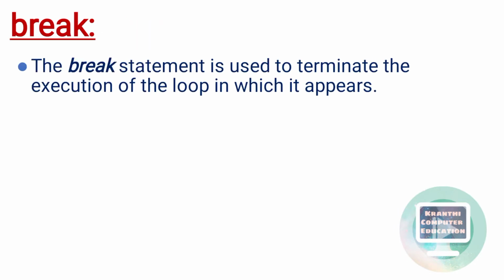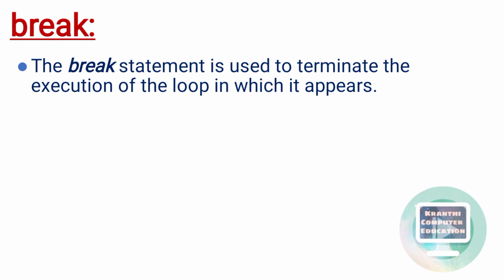Number 1, break statement. The break statement is used to terminate the execution of the loop in which it appears. So if you write the break statement inside any loop, then that break statement is used to terminate the execution of the loop.